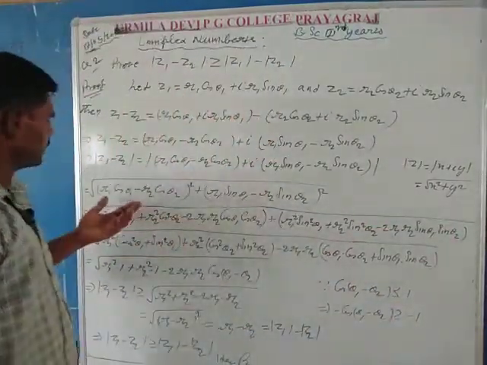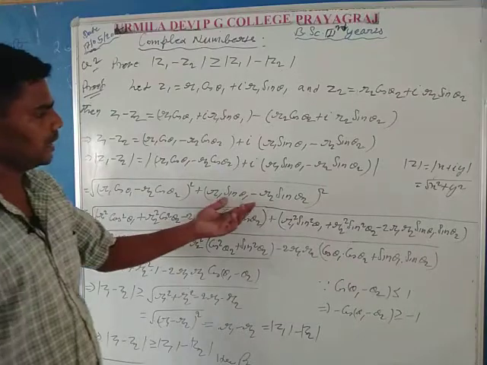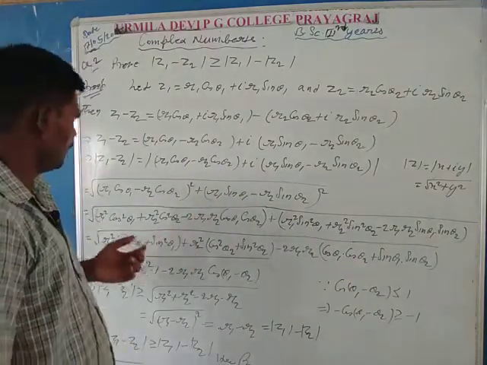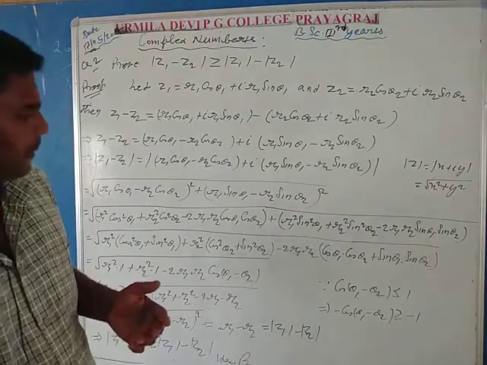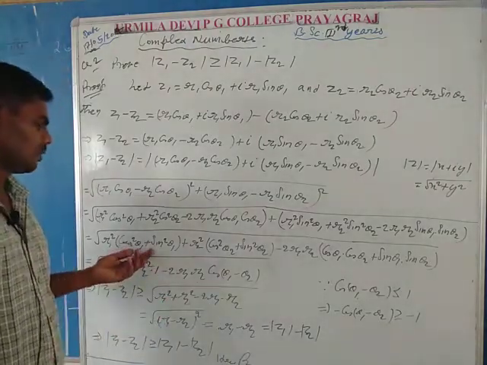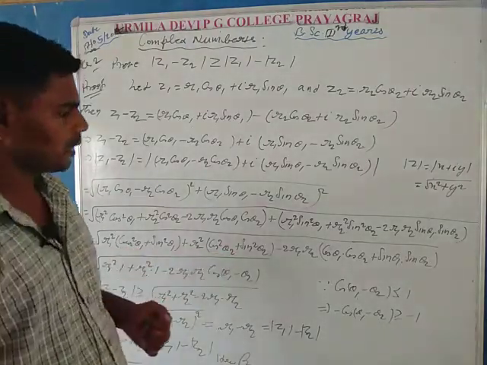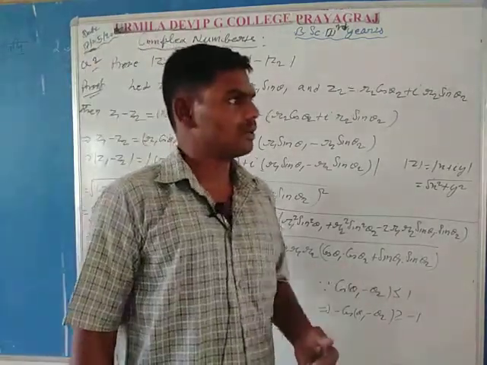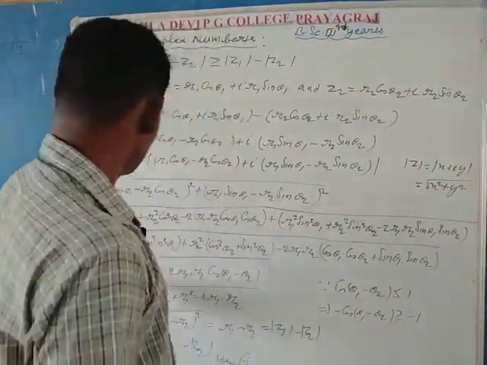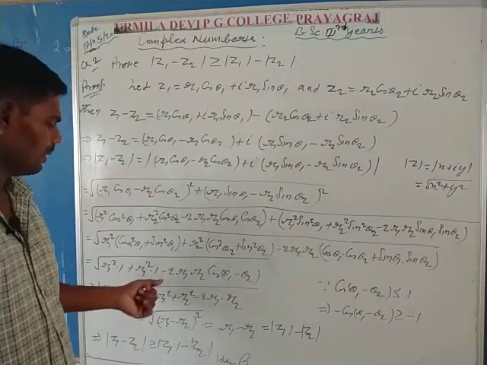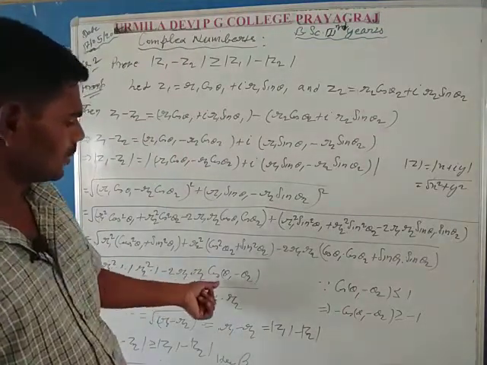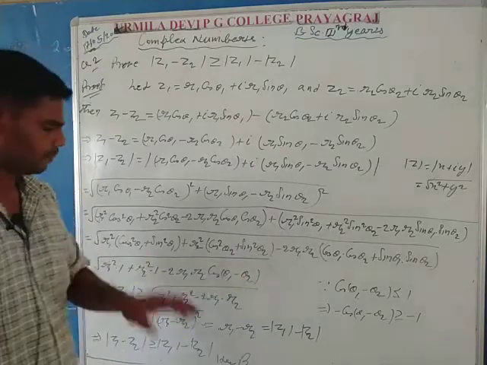So here expand the first whole square and the second whole square, applying the trigonometric formulae: cos² + sin² is equal to 1, this is also equal to 1, and this is equal to cos(θ1 − θ2). So putting this value, r1² × 1 + r2² × 1 − 2·r1·r2 cos(θ1 − θ2).